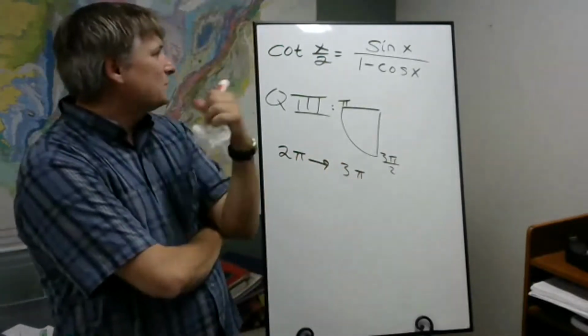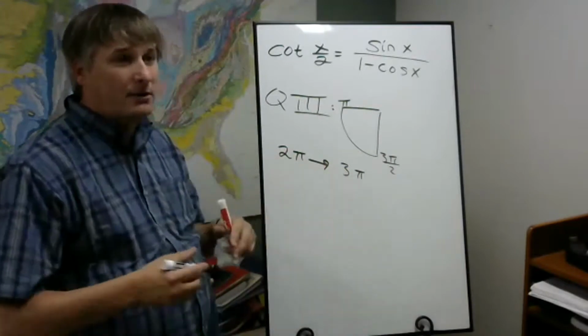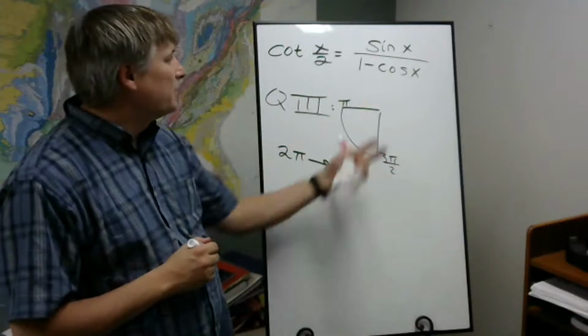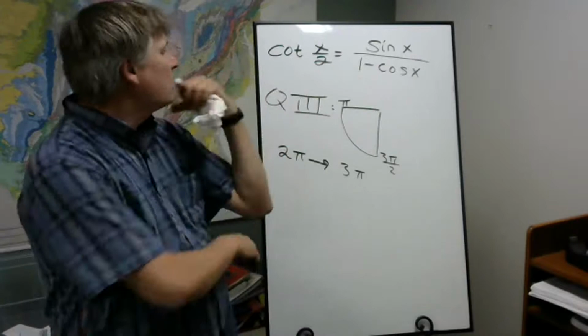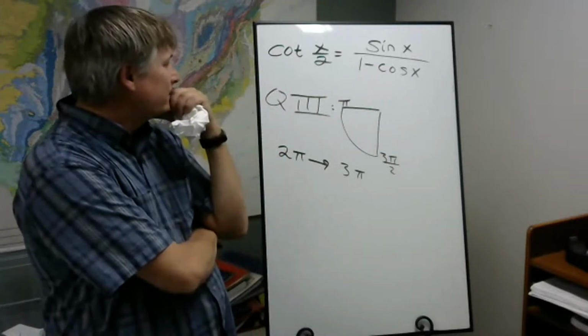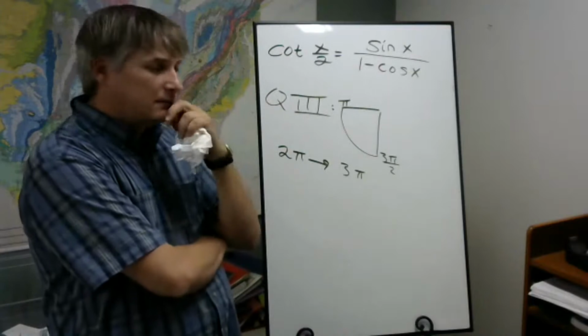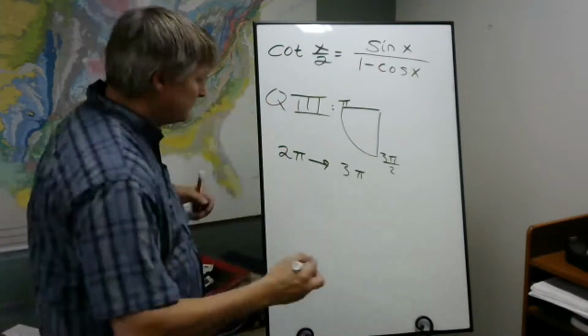And as we've seen, if you're somewhere from 2 pi to 3 pi, or in the first or second quadrants, well, this is going to be positive. And for this one, cotangent from pi to 3 pi over 2, what's that going to give you? And that's also going to be positive.